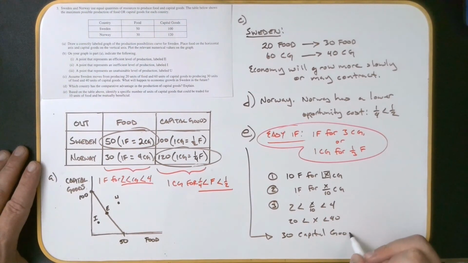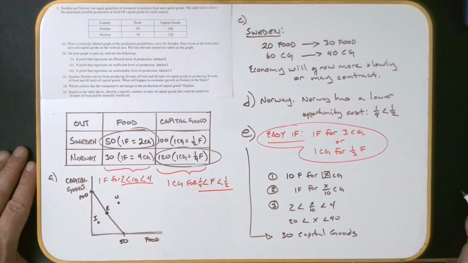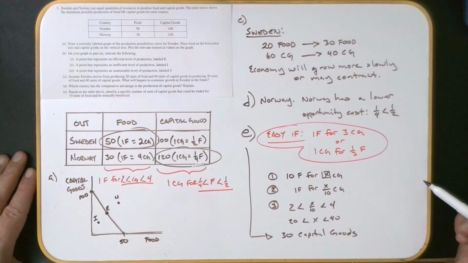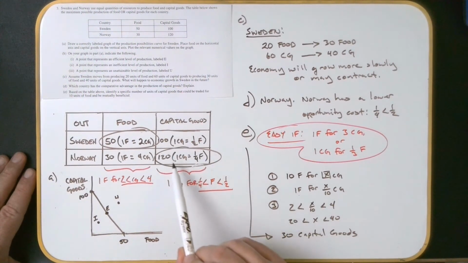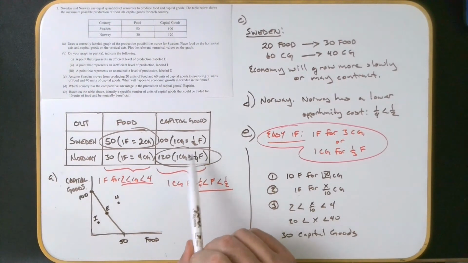So you don't have to solve the inequality. I just did this to show you could pick any number in there. So if you wanted to play guess and check or do whatever you wanted, there is another way to do this where you could say you could have taken this thing right here and multiplied both sides by 10, and you get 10 capital goods.